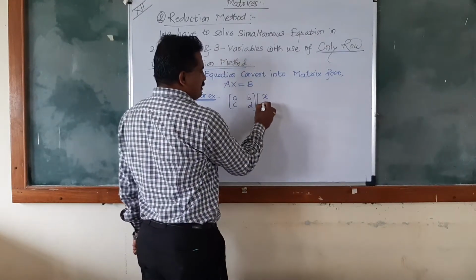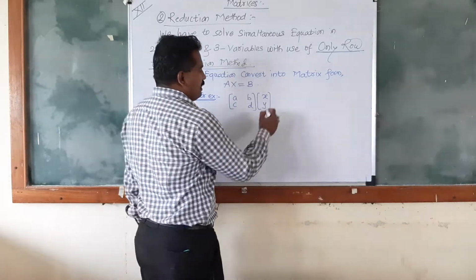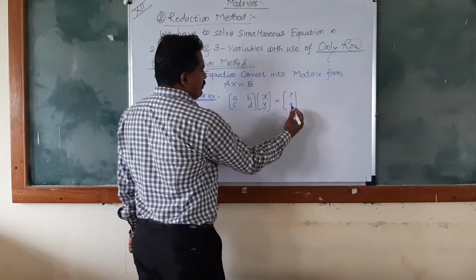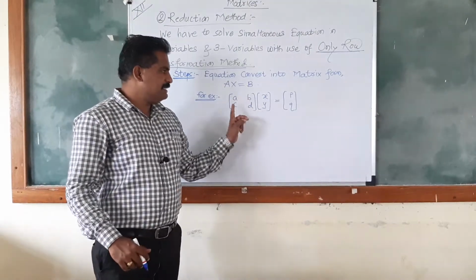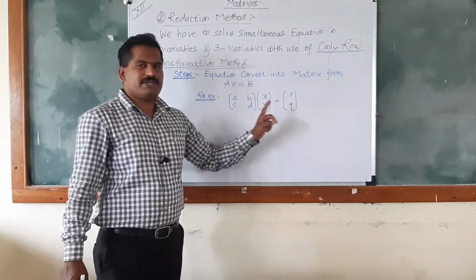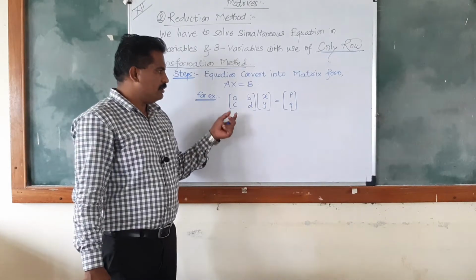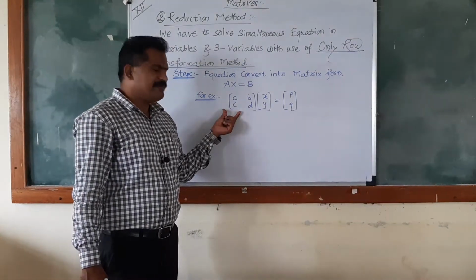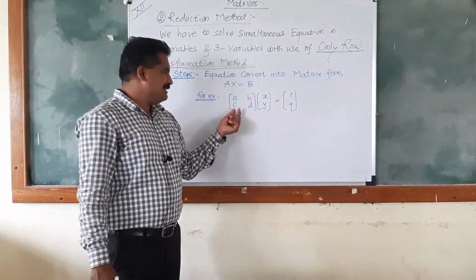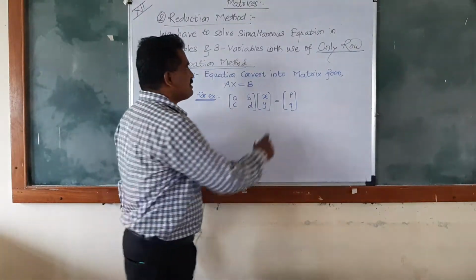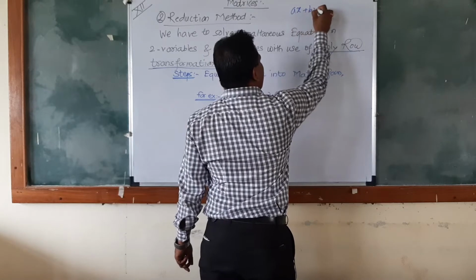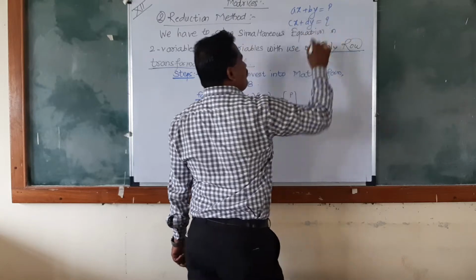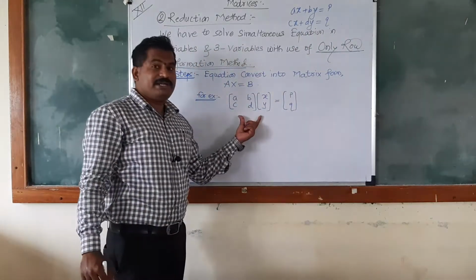Second, X, Y, and then P, Q. For the general matrix, the equations are Ax plus By is equal to P and Cx plus Dy is equal to Q. These two equations can be converted into matrix form.